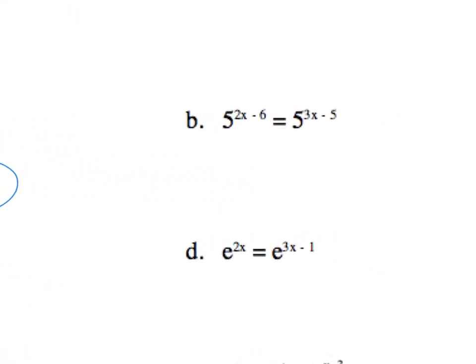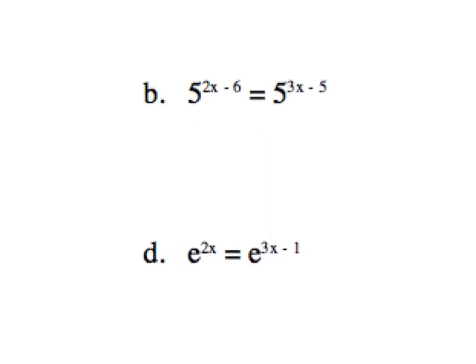Moving on to letter B, we have 5 to the 2x minus 6 equals 5 to the 3x plus 5. Again, we have bases that are the same. If the bases are the same, the exponents are equal to each other. So I can say 2x minus 6 equals 3x plus 5.